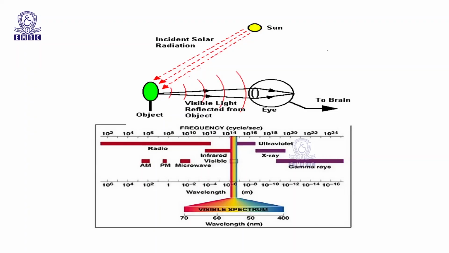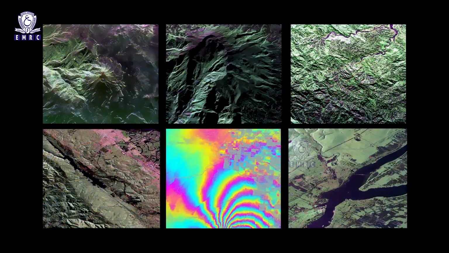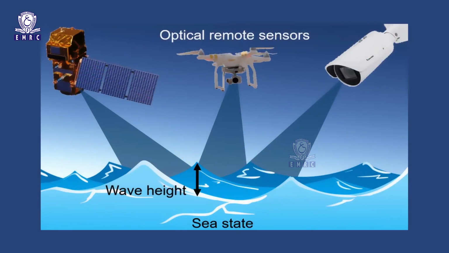The human eye has peak sensitivity at 0.55 microns, which is approximately the emission peak of the sun. Visible and reflective infrared remote sensing are parts of optical remote sensing. Optical remote sensing mainly depends on the reflectance of the objects on the ground surface. Therefore, the information about the objects can be obtained from the spectral reflectance.